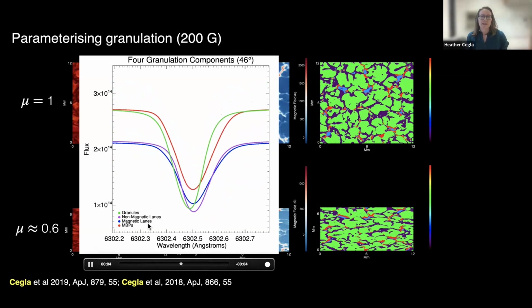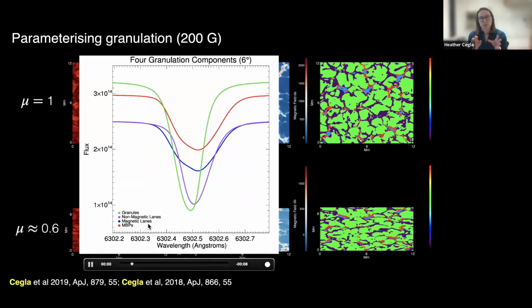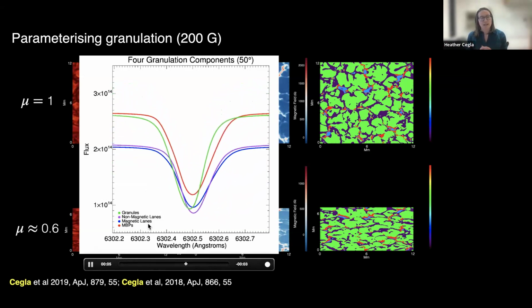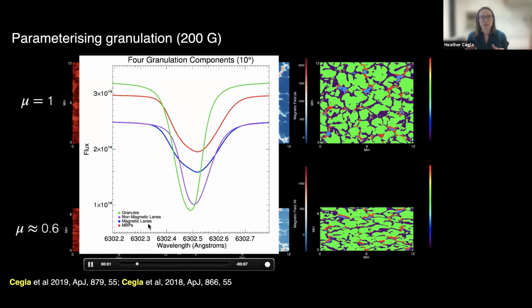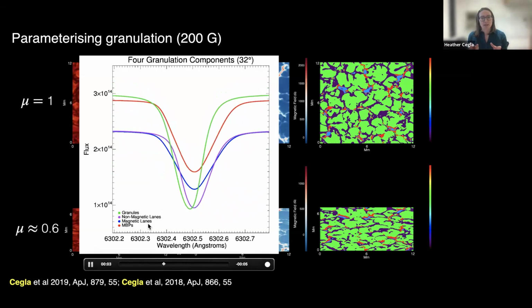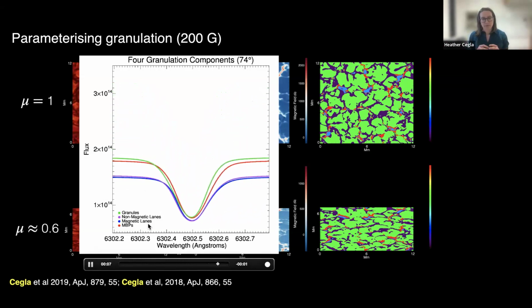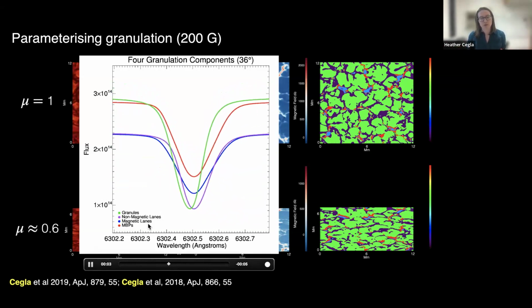And then in principle, we've got a line profile that represents a physical component of the granulation. And if we know what filling factors to add them up in, we can add them up and create new line profiles. So the ultimate goal is to take the filling factors from the simulation and understand their probability distribution.